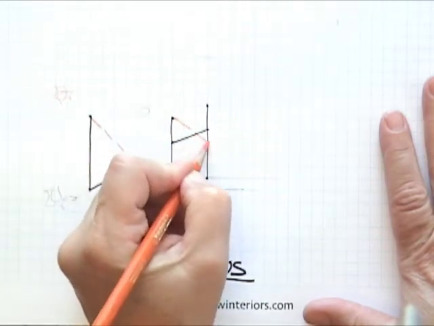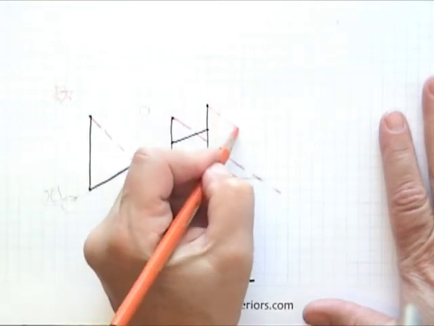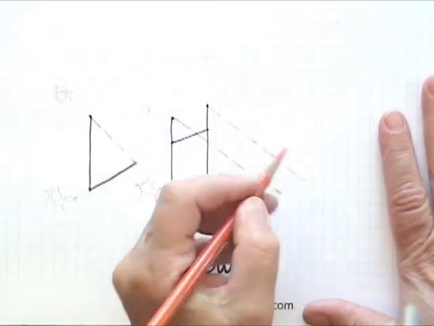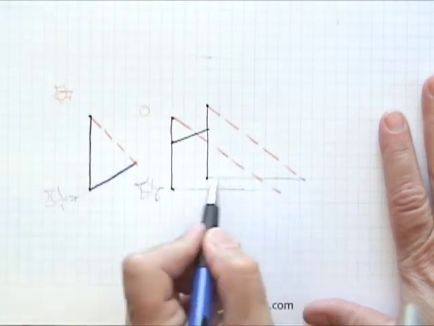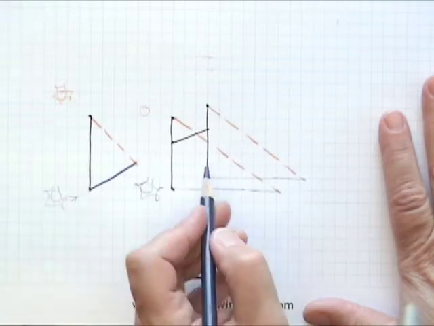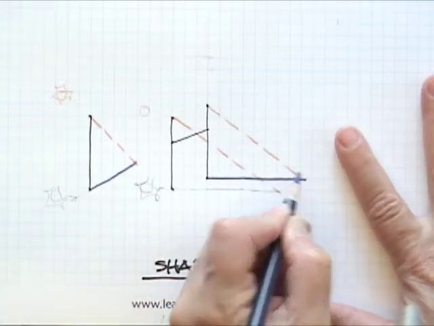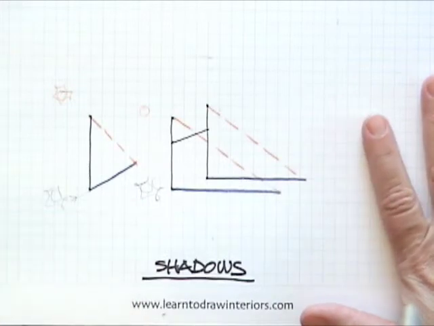And so my sun's ray meets my flagpole there, and there is the length of my shadow. But what's missing? That horizontal. Well, what do I have to do?